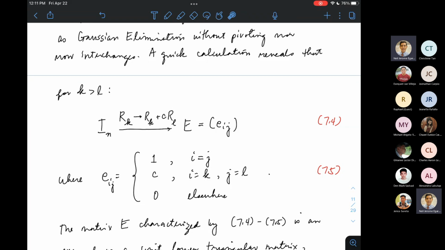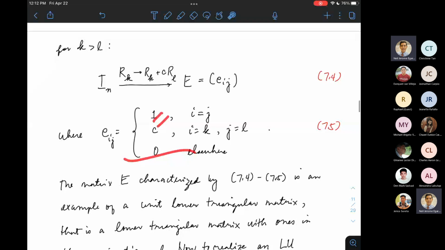So you can verify na kung gusto kong palitan yung kth row ng identity matrix by the kth row plus a scalar multiple of the lth row, all right? So para makuha si matrix E, yung matrix E na elementary matrix natin para sa row translation na ito, ganito lang yung itsura.